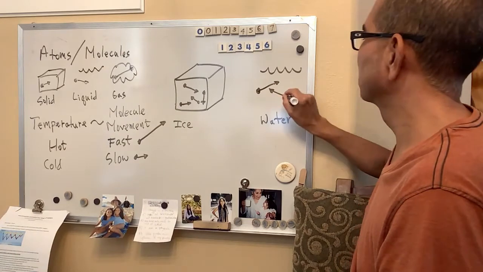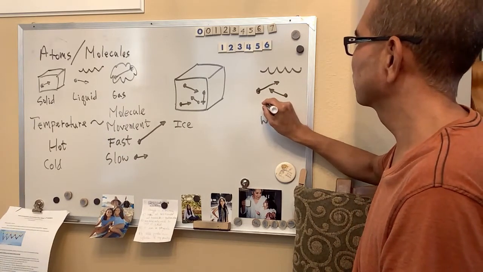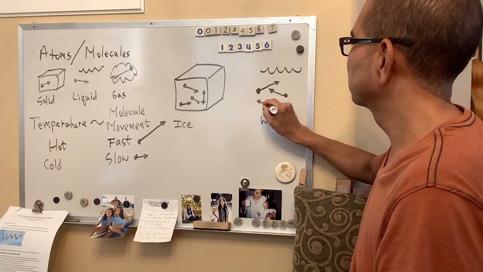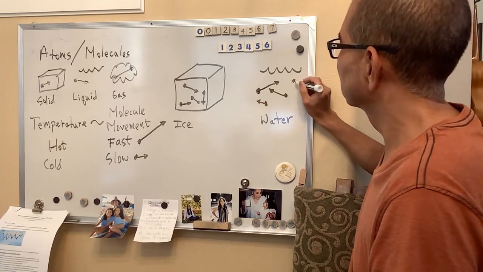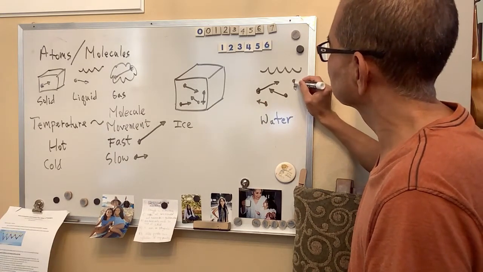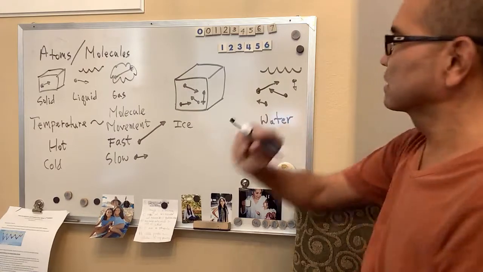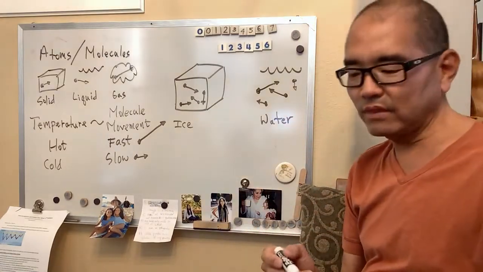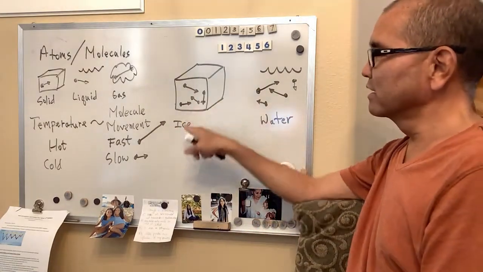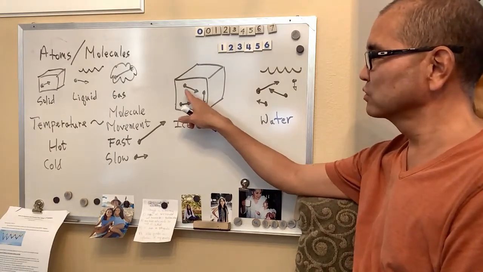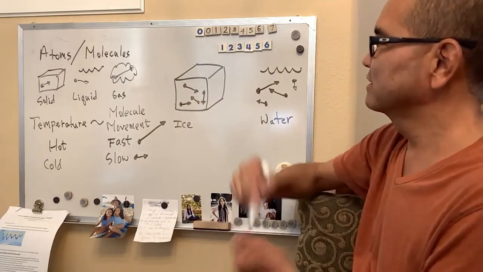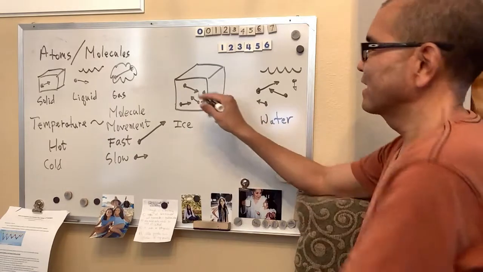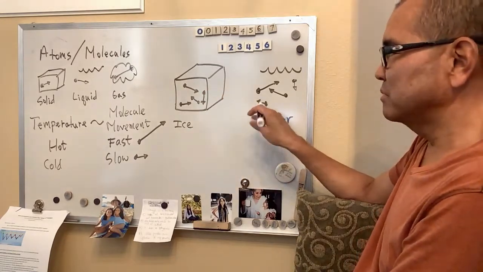But not all of them will be longer. Some could be short. But generally speaking, they are longer. Okay, now when the longer arrows in the ice are moving too fast, then it actually becomes water.